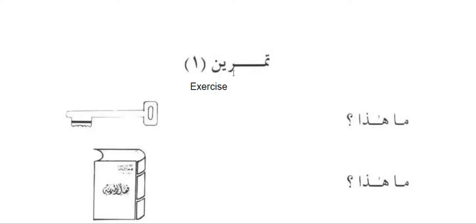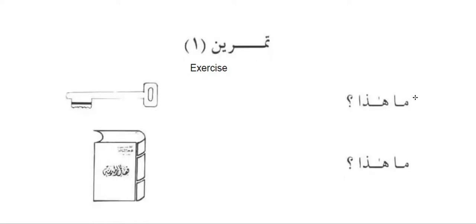The ra has a kasra, ri. The ya has a sukun, ri. And the noon has tanween dhamma, nun. Tamreenun, or tamreen, exercise. Tamreen wahid, or one, or al-awwalu. At-tamreenul awwalu, exercise 1, or the first exercise.